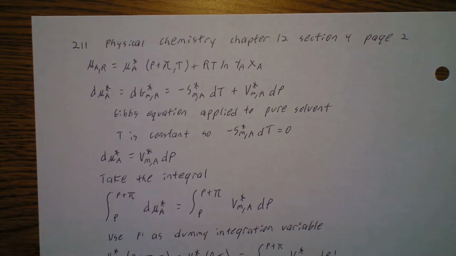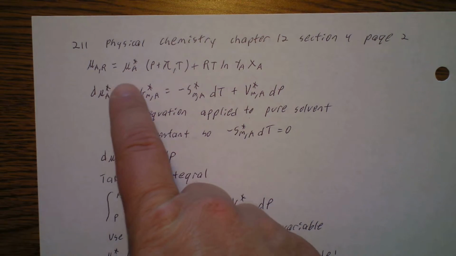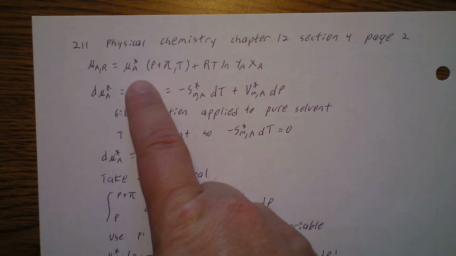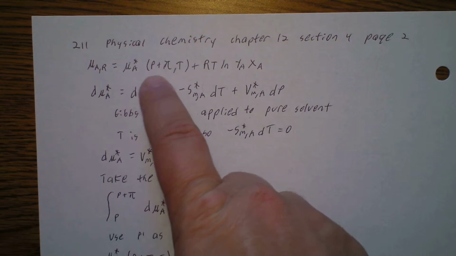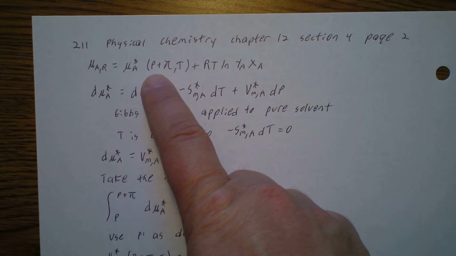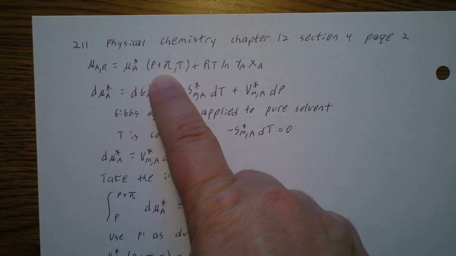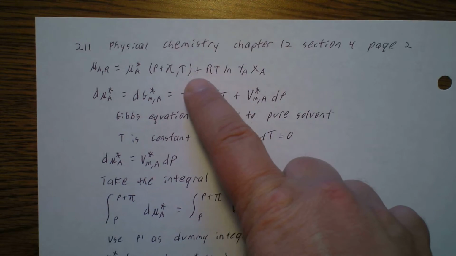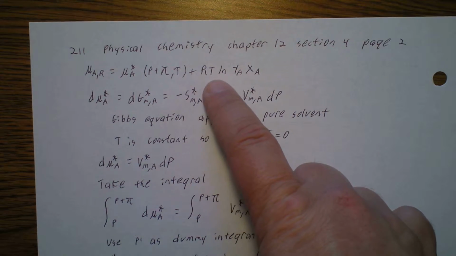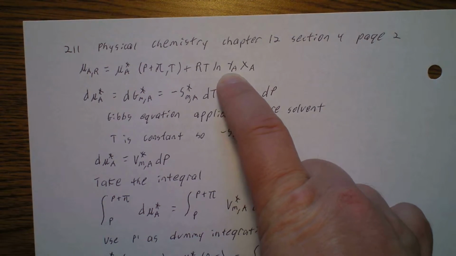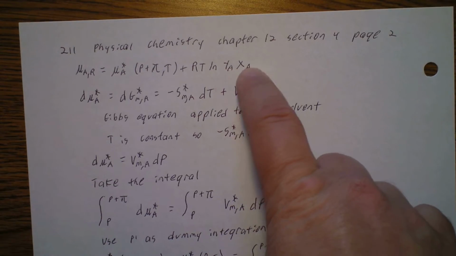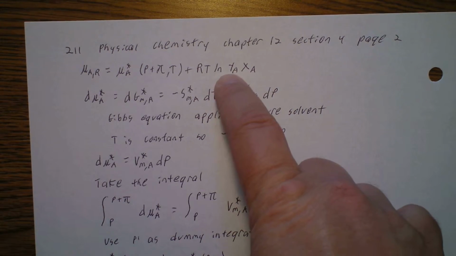Now, the chemical potential on the right is going to be the chemical potential of the pure substance A, but at the original pressure plus the osmotic pressure, and temperature. And then also plus the RT ln gamma A chi A. So remember chi A, that's our mole fraction.